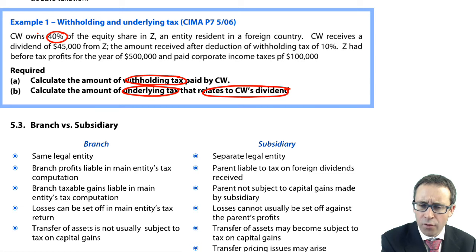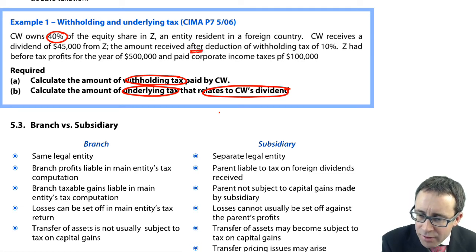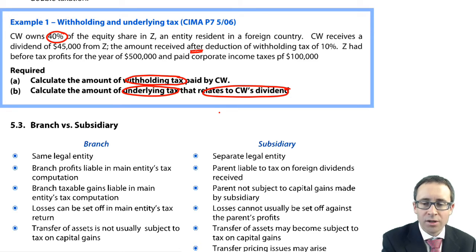CW receives a dividend of 45,000 from Z after the deduction of withholding tax of 10%.